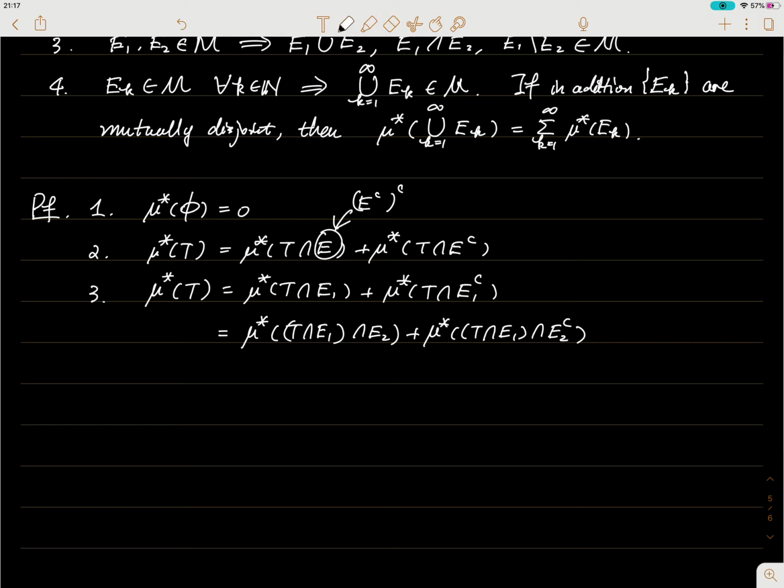But that's only for the first term. We can do the same thing for the second term: let's again take this as a test set, and we know that it can be written as the sum of these two.